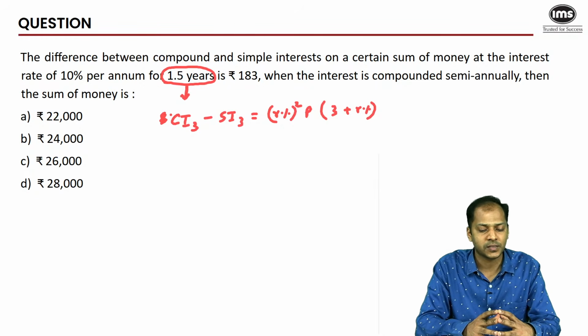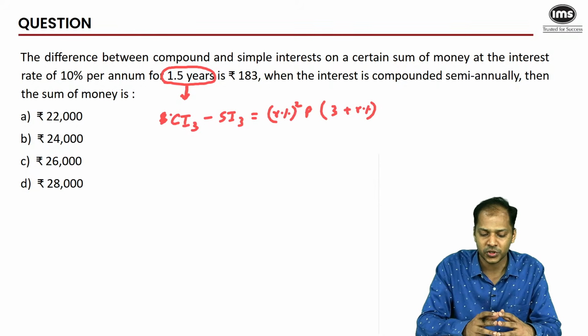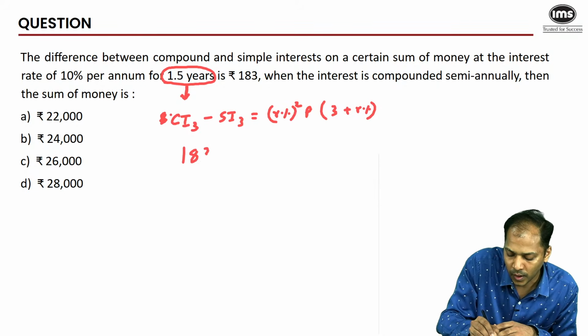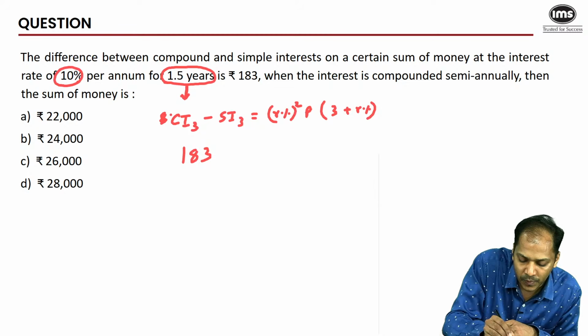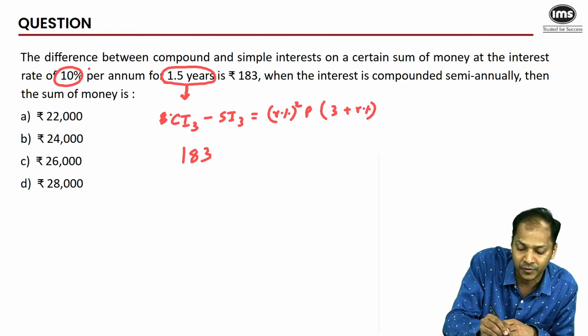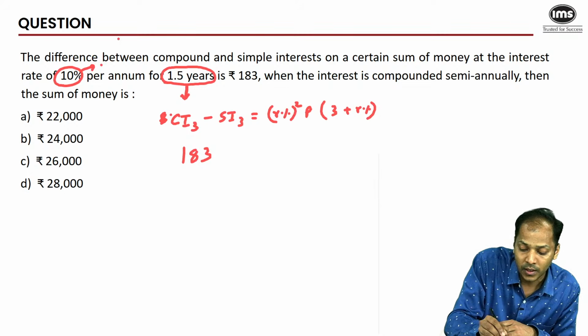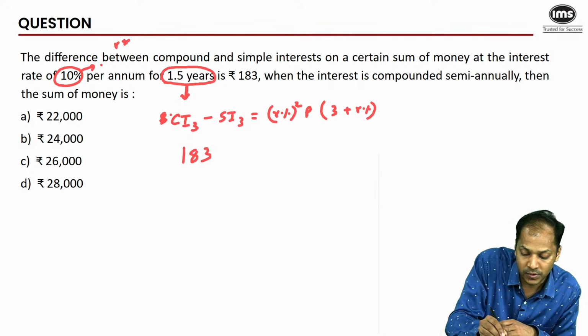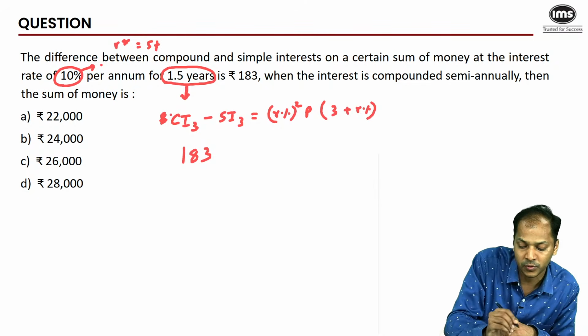All right, so let's go ahead and quickly just check. 183. Now the rate of interest is 10% per annum for 1 year, but we are using half a year because compounding is happening half yearly. So therefore, the effective rate of interest for us will simply be 5% over here.